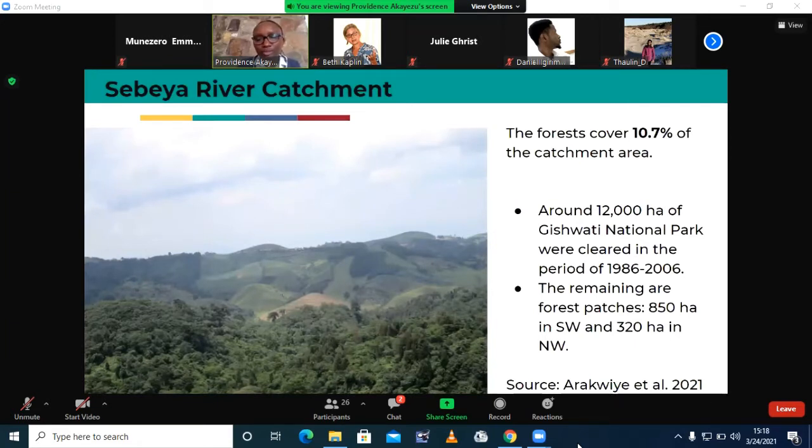It is one of the key biodiversity areas, similar to Nyungwe National Park and Volcanoes National Park, a tropical mountain rainforest. This forest has been cleared in the past for refugee settlement, and the remaining forest patch is here in the photo. You can see some of the figures I extracted from Benedetta's recent publication. This forest lies well inside the Sebeya catchment.